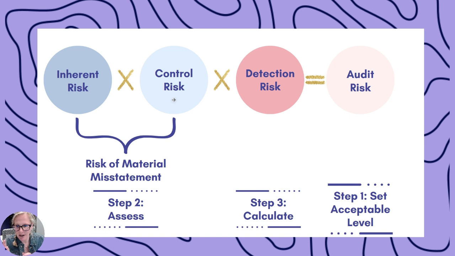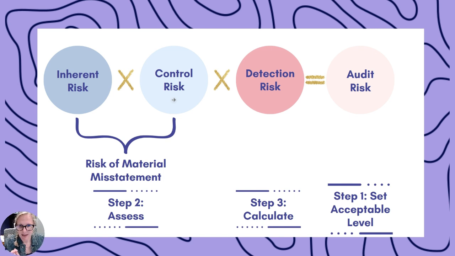How much risk is there in their environment and in their industry and in everything that they have going on? How have they dealt with that risk relating to their controls? So how risky is this particular client? So that's our risk of material misstatement. So we have to start with a risk assessment in this piece to determine how much risk we have there.